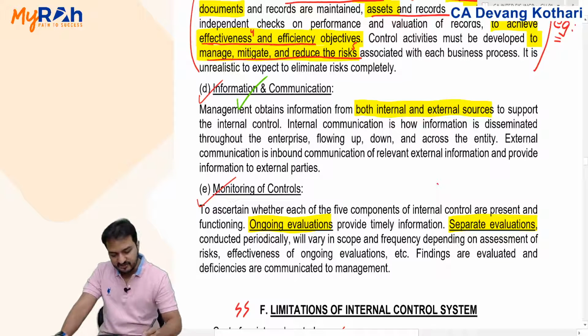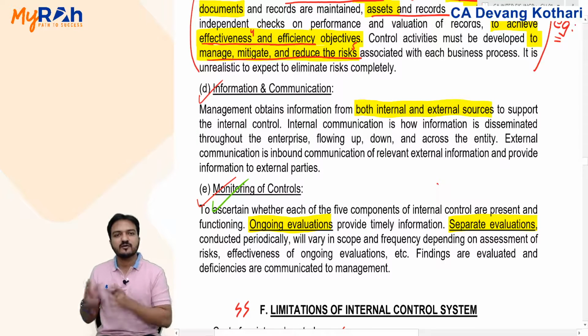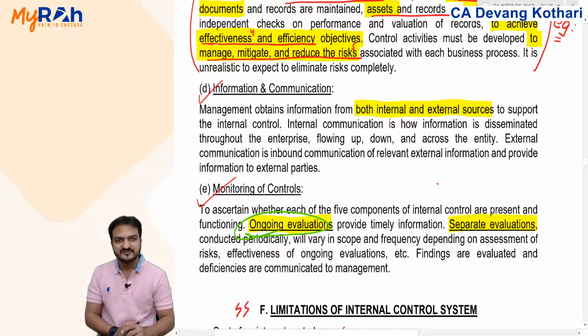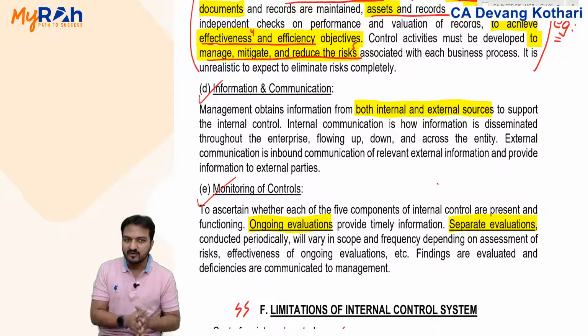Information and communication should be given from both internal and external sources. And the last step is monitoring of controls. Monitoring means to check whether controls are going on properly or not. It involves ongoing evaluations and separate evaluations. Ongoing evaluations are like concurrent audit. You check while the controls are being implemented.